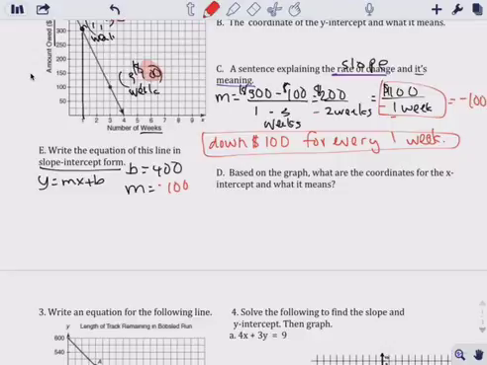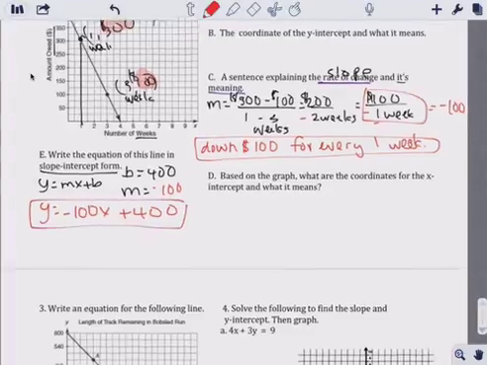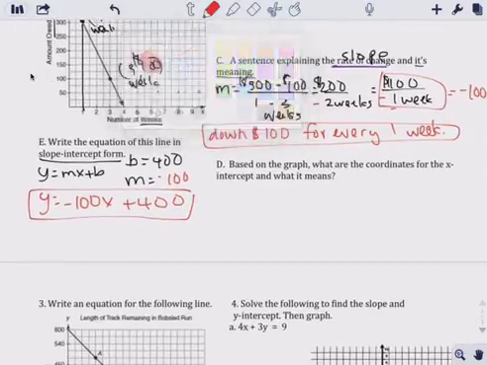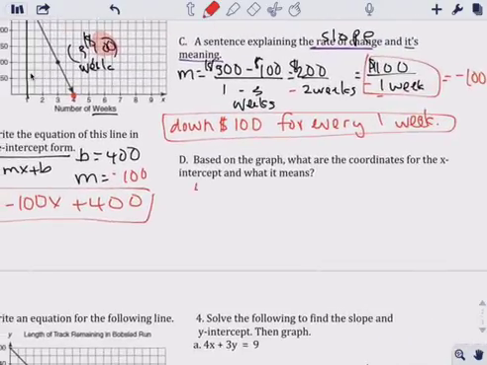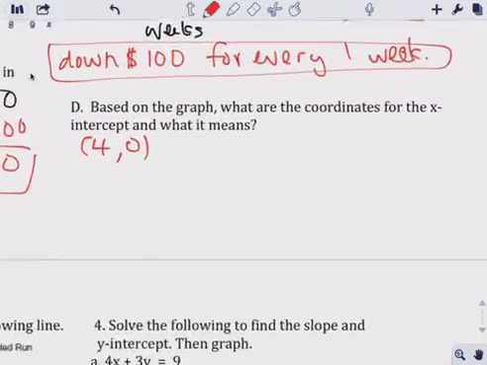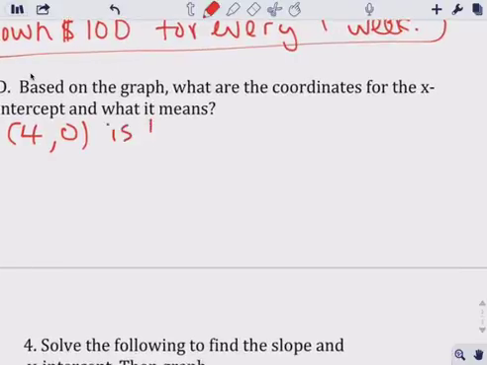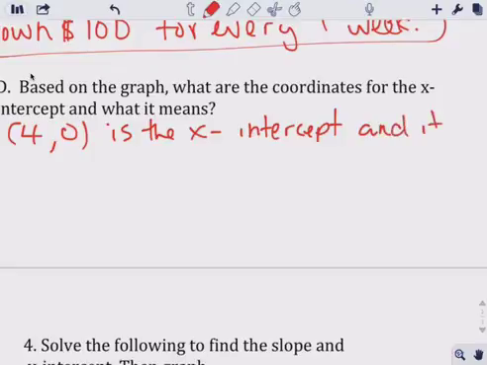And we can write our equation: y equals negative 100x plus 400. That is our answer. And what does the x-intercept mean? It's (4, 0).